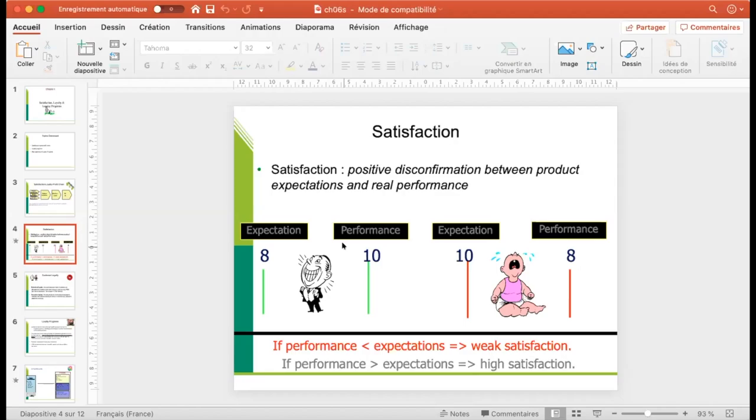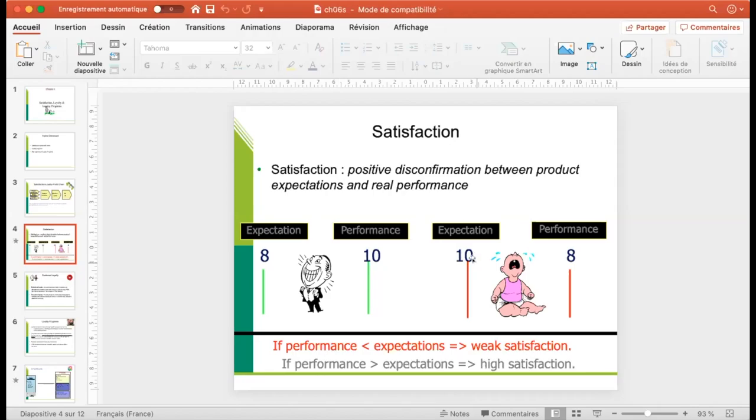For example, you book a hotel, you expect no breakfast, so you have no particular expectation, but finally the hotel offers you breakfast, or you book a standard room, and finally the hotel offers you a superior room. Then you will have a positive disconfirmation between what you expect and what you really perceive. You will be highly satisfied. If the performance is higher than your expectations, then you will have high satisfaction.